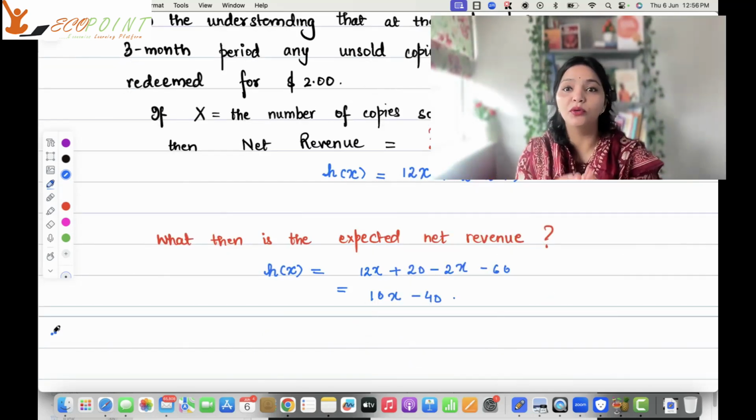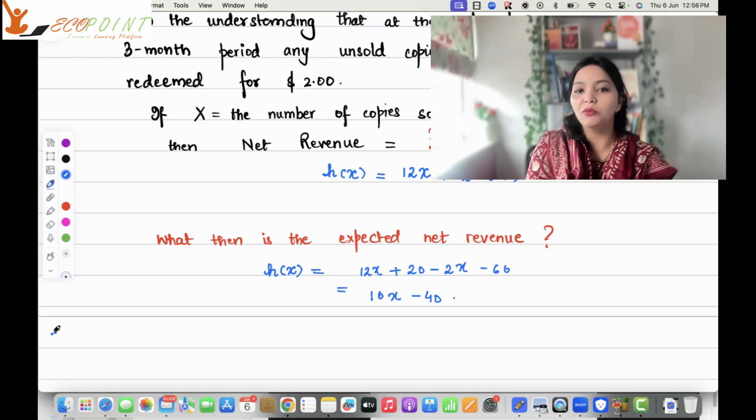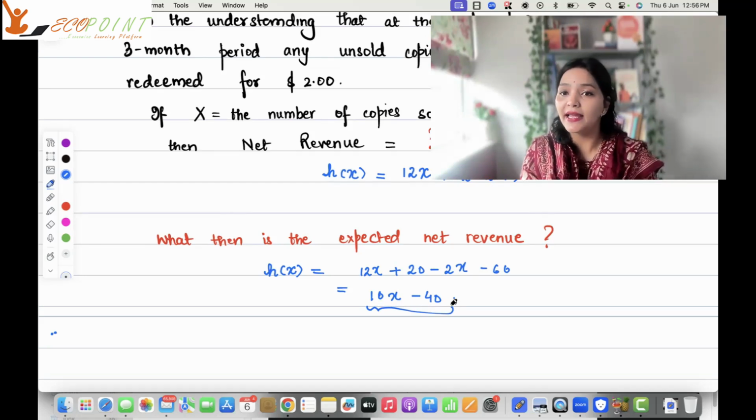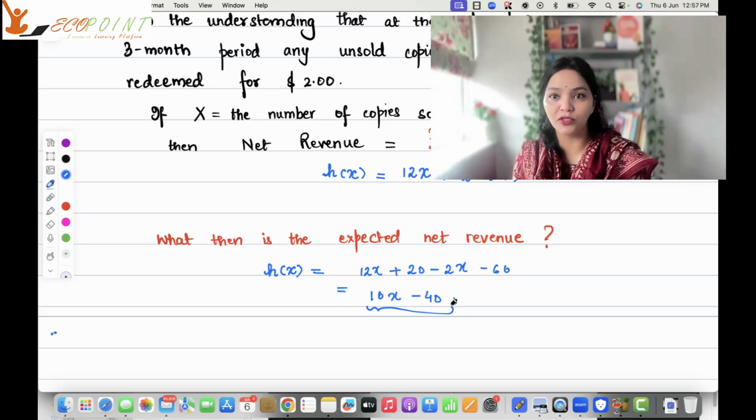In order to compute the expected net revenue, that is the expectation of net revenue, I am interested in the expectation of the random variable 10x minus 40. I'm not interested in the expected value of x, but rather 10x minus 40.